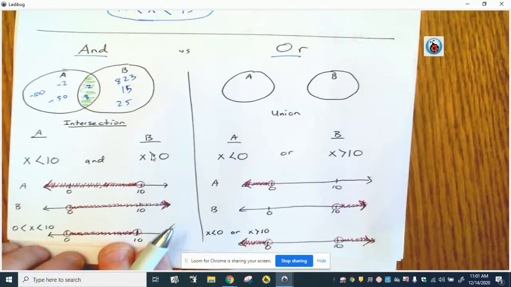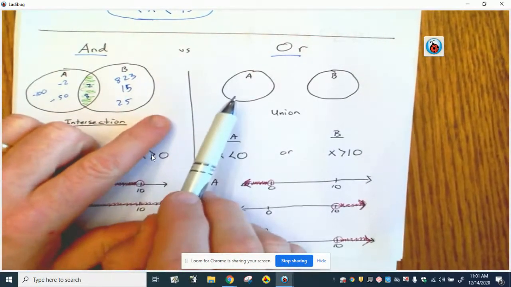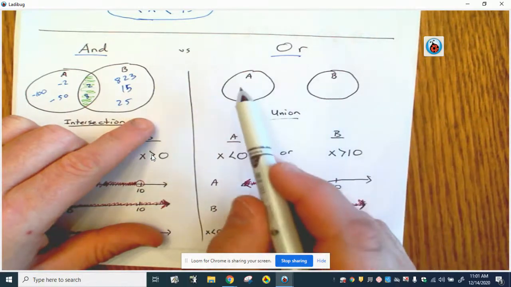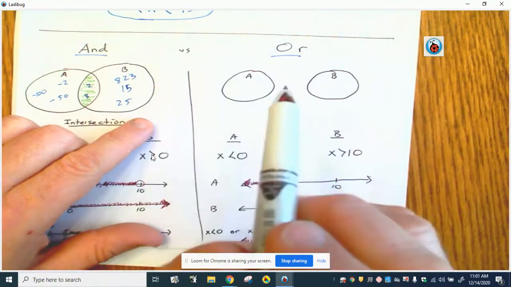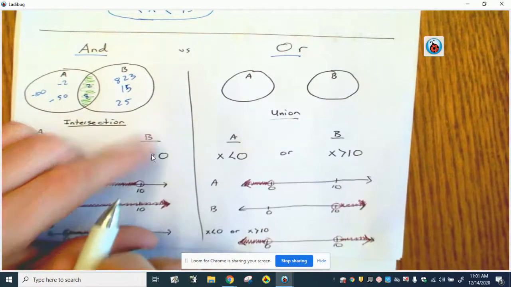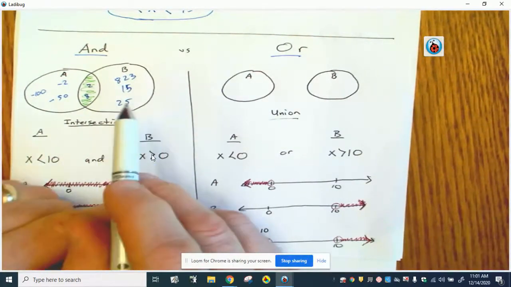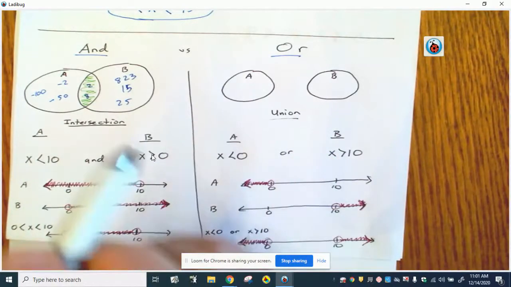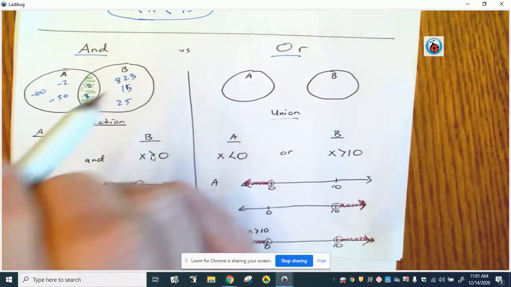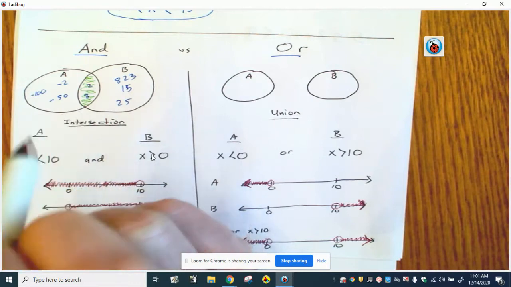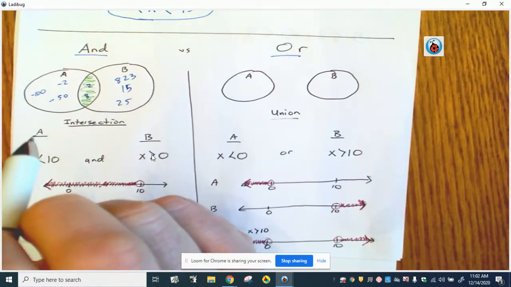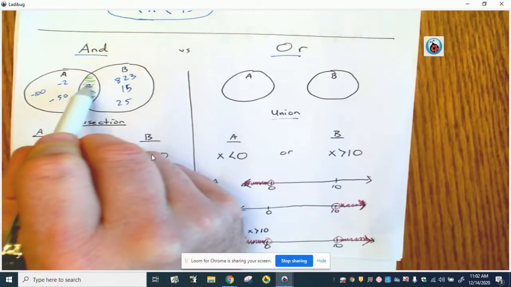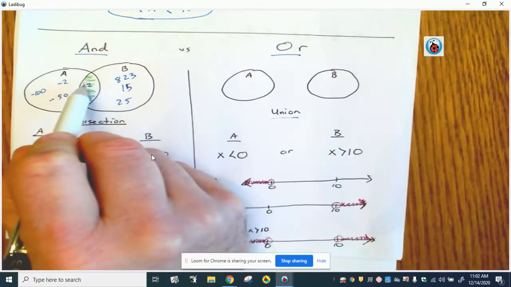Now, that's different than the or. The or is what we call the union. Basically, if I hit either circle, then I'm satisfied. It's not where they overlap. I can hit either one. I like to think of it like throwing darts. If I said I have to hit A and B, that means I have to hit in this little overlapping area.